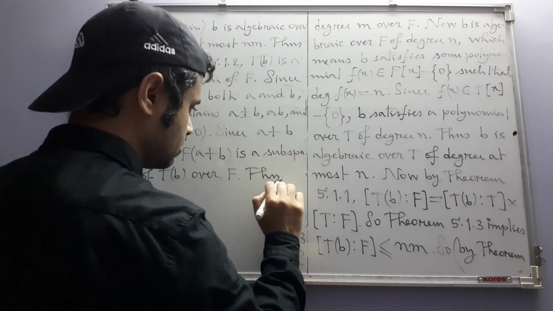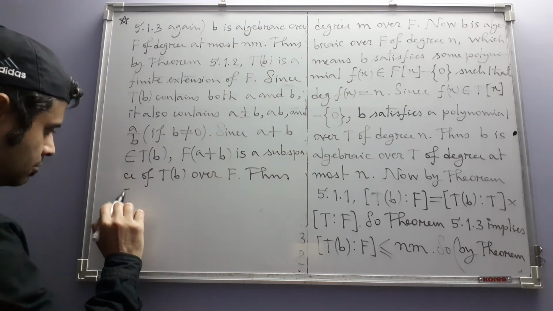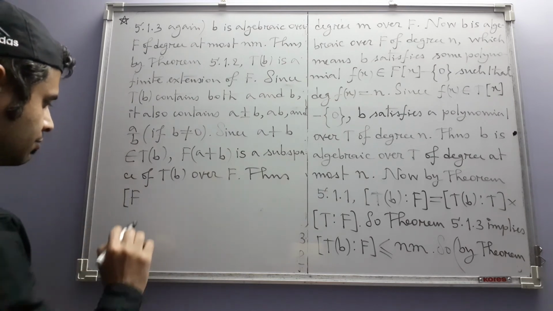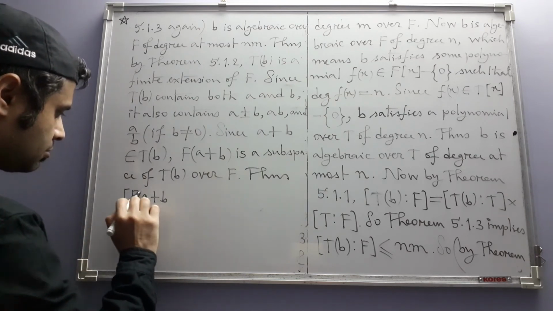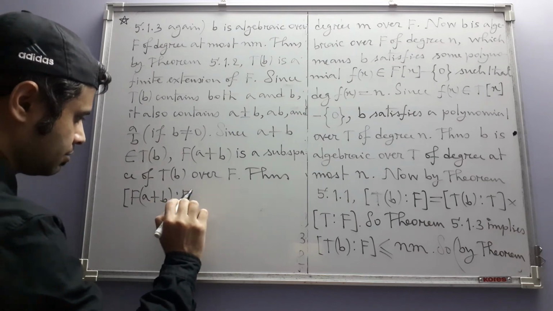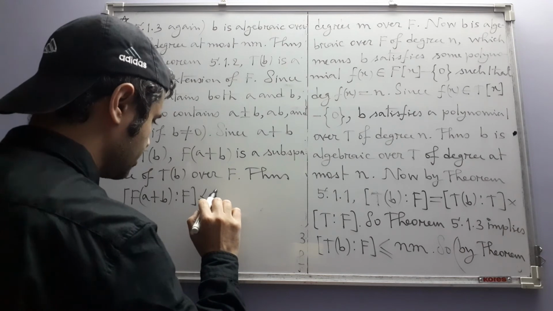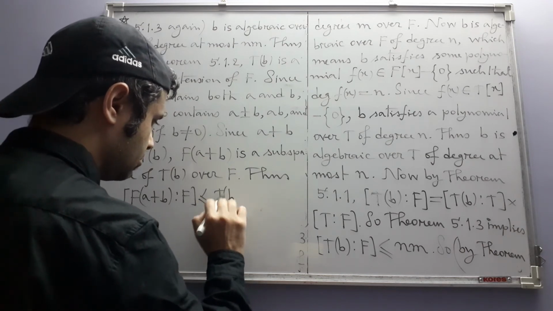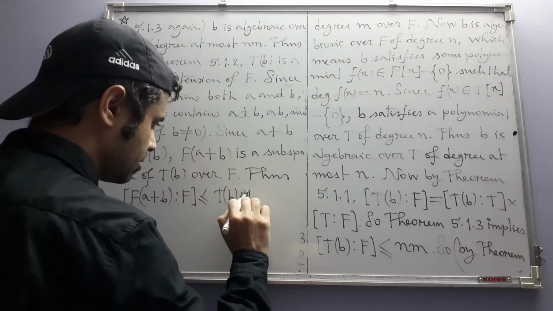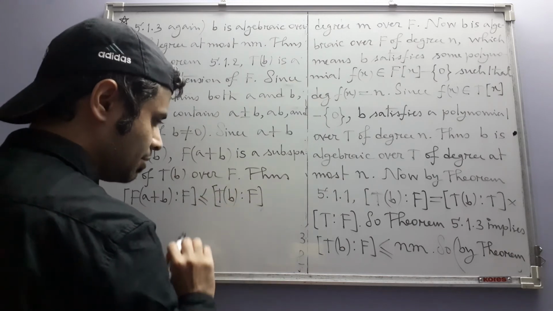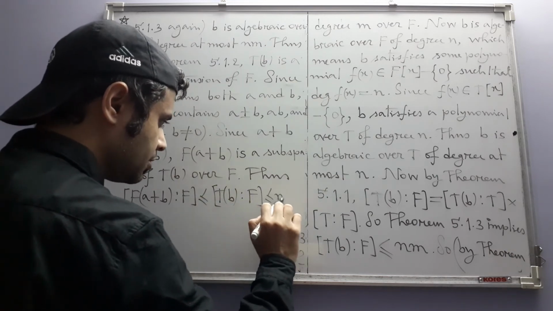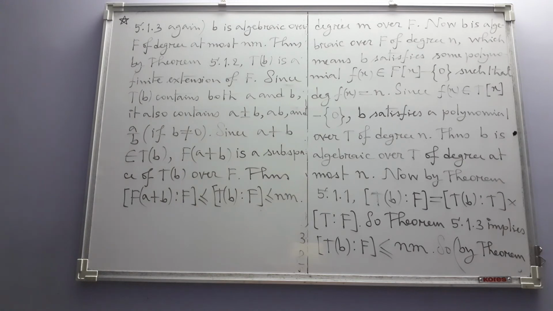Thus, the dimension of this subspace over F is definitely, from our results on finite dimensional vector spaces, less than or equal to the dimension of TB over F, which itself is less than or equal to nm.